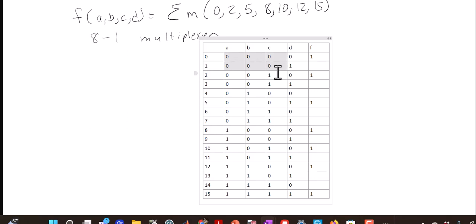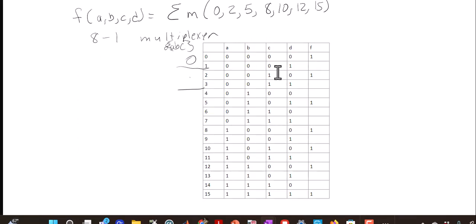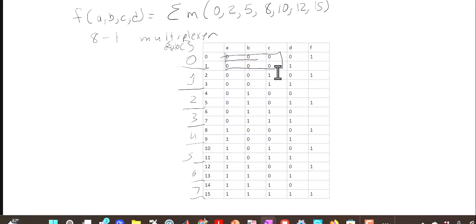Okay, so now I'm going to look at these in terms of the first three variables. So if I do every other row here, and I look at the value just of ABC: when ABC equals 0, F equals the complement of D, because when D is 0, F is 1, when D is 1, F is 0.